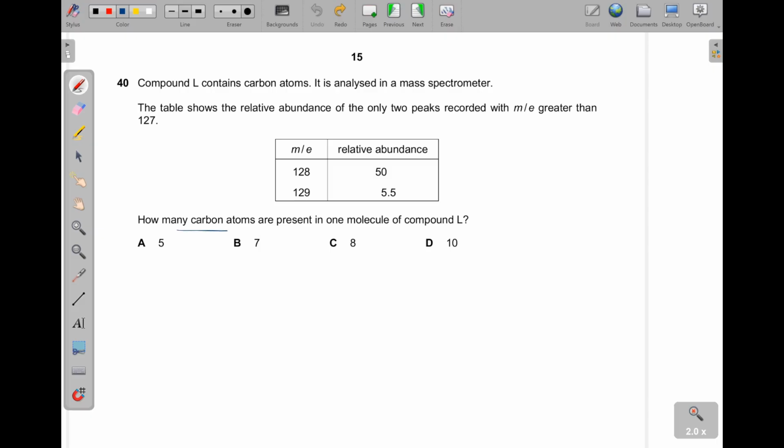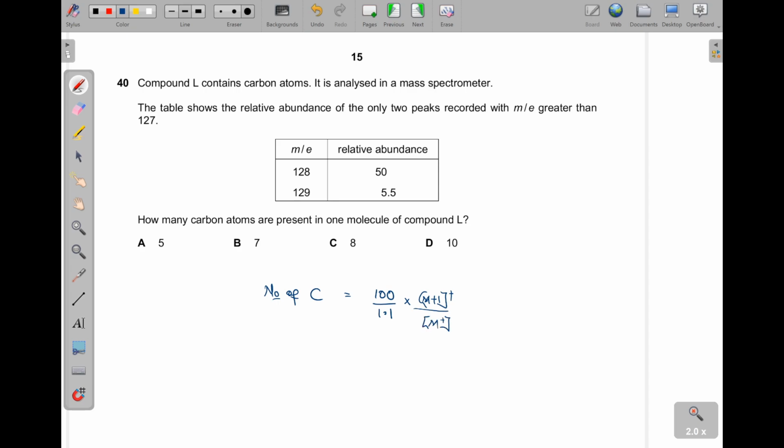When we are finding the number of carbon atoms, we use this formula: 100 over 1.1, times the relative abundance of the M plus 1 ion, divided by the relative abundance of the M plus.